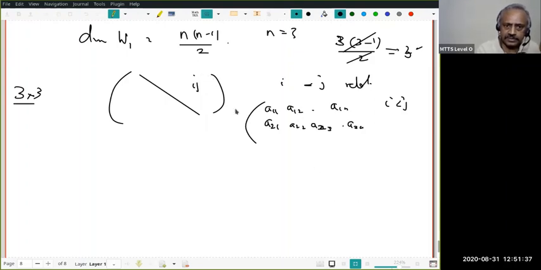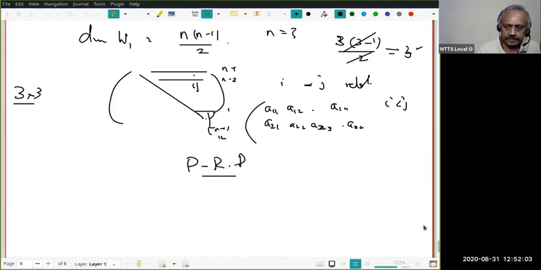You understood this? So in the first row, I'll have n minus 1 elements. In the second row, I'll have n minus 2 elements. In the nth row, I'll have nothing, whereas in the n minus 1th row, I'll have 1 element. Are you following? Make sure, please.